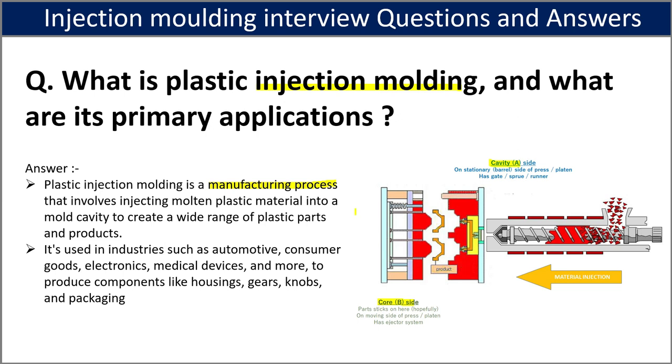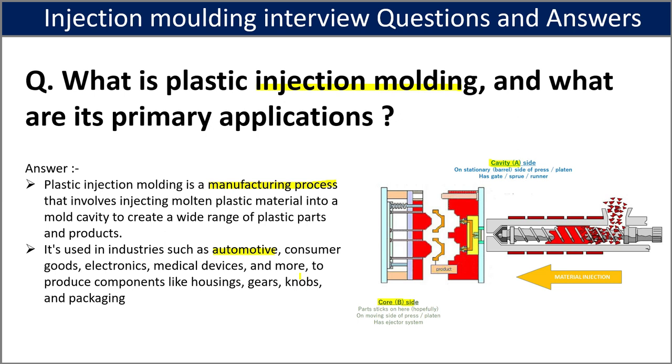So the injection molding process is widely used to produce plastic parts. It is used in industries like automotive, consumer goods, electronics, medical devices and more.